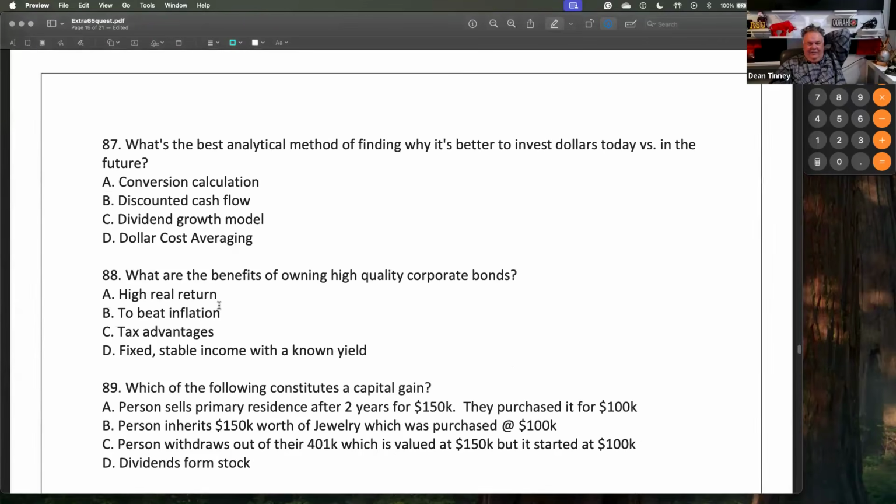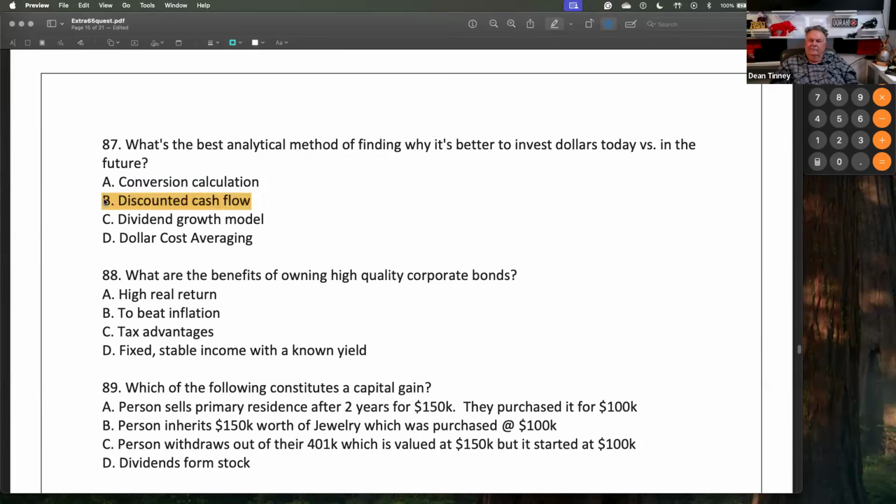What is the best analytical method to show why it's better to invest dollars today versus investing dollars in the future? Well, what's that? Yeah, right on. You got it, my friend. The whole point of DCF is to compare future value and present value, right?